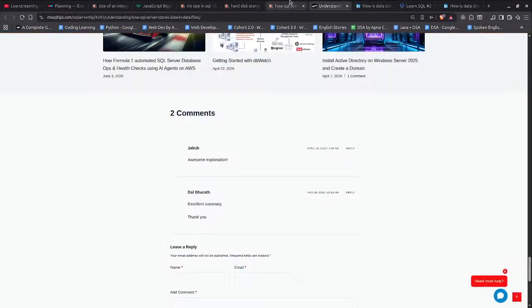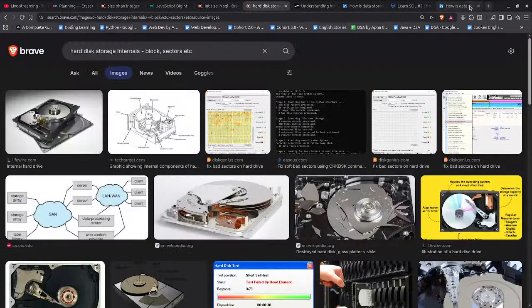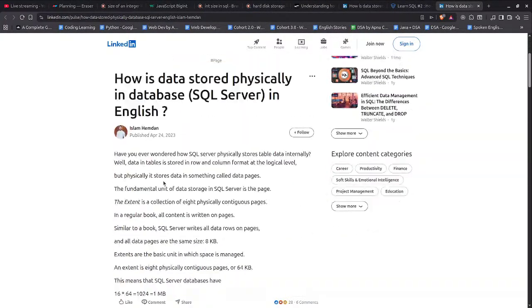Alrighty, so these are the ones that I've selected here. Let's close everything. Here, coming back to this, let's simply go through this particular article really quickly and then we'll see.